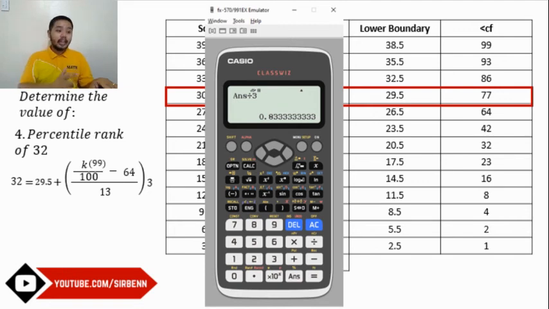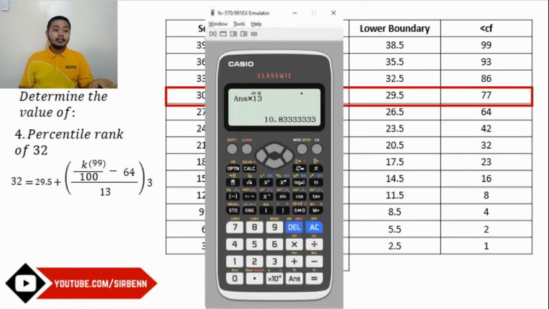Tapos, yung ating quotient, i-multiply natin yan dun sa frequency. So, yung frequency natin dito is 13. So, our answer, yung nakikita nyo sa screen ngayon, i-multiply natin yan sa frequency which is 13. Next, yung product na yan, i-add natin ngayon dyan yung cumulative frequency below. So, mag-a-add tayo ngayon ng 64.